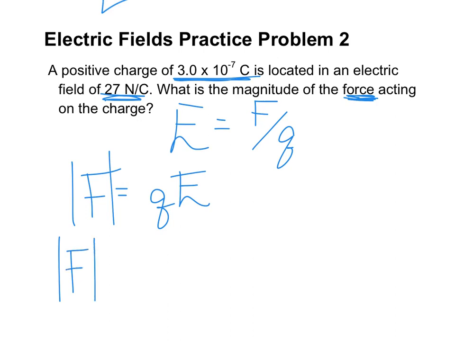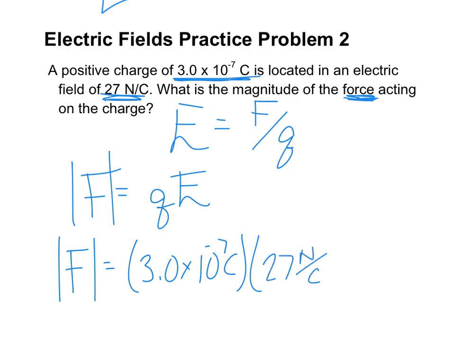The magnitude of this force should equal the charge, which is 3 times 10 to the negative 7 coulombs, multiplied by our electric field, 27 newtons per coulomb. You can go ahead and see if you can do that multiplication.